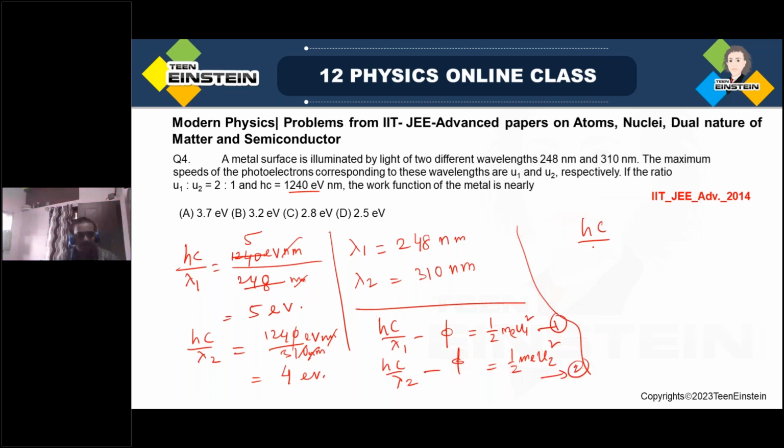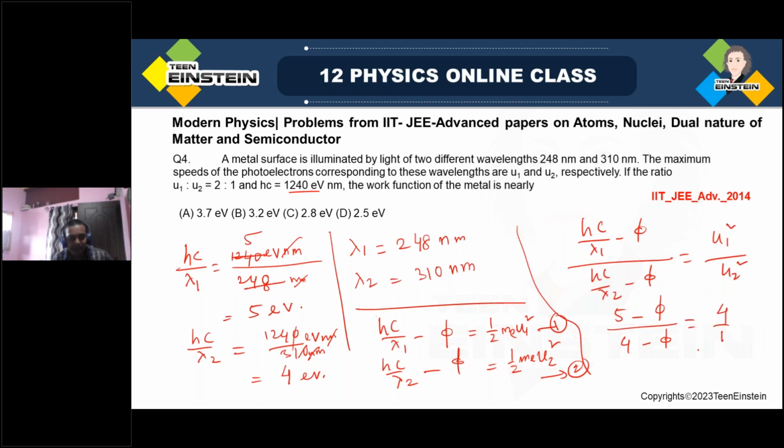Then we get hc by lambda 1 minus phi divided by hc by lambda 2 minus phi is equal to u1 square divided by u2 square. Now hc by lambda 1 is already 5, so 5 minus phi, and here it is 4 minus phi. And u1 by u2 was given as 2:1, so u1 square by u2 square will be 4 by 1.